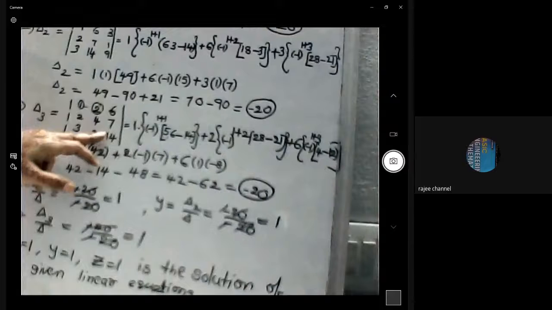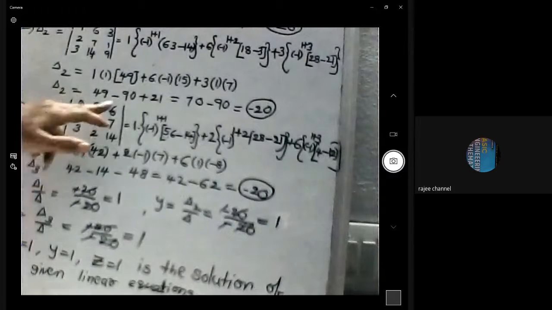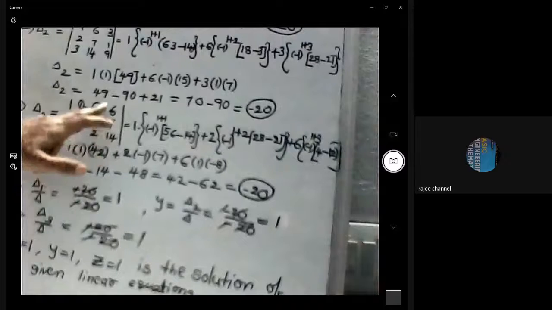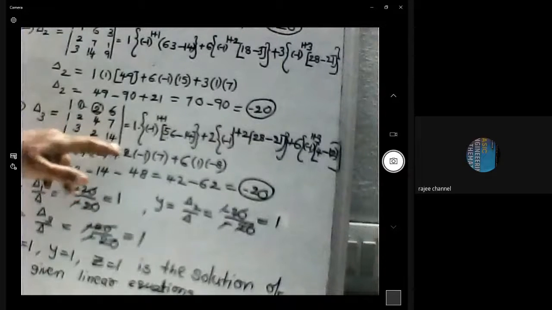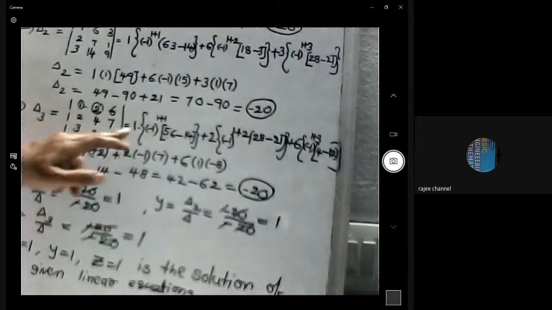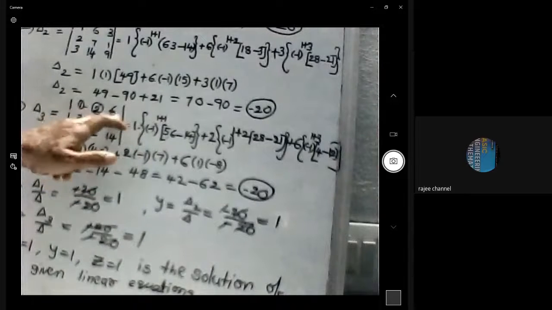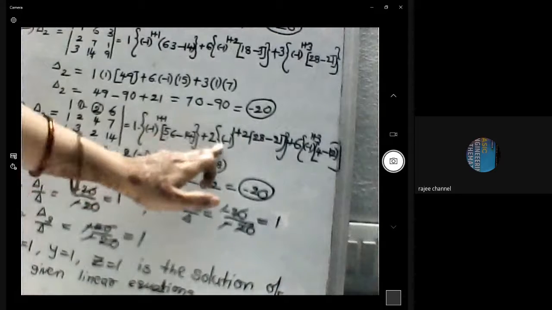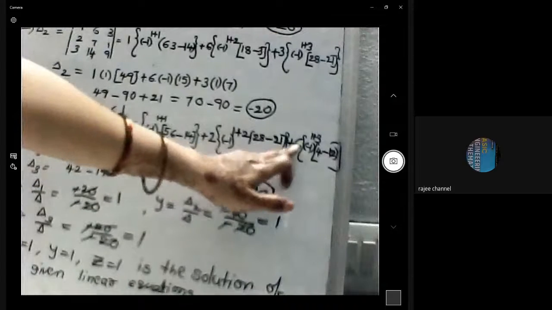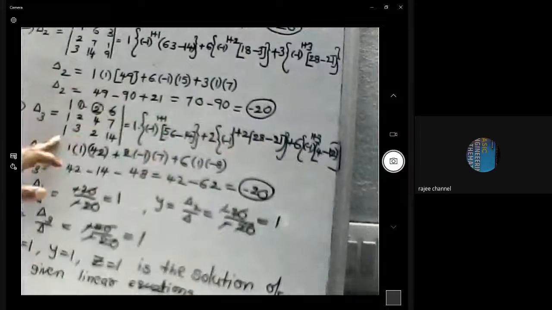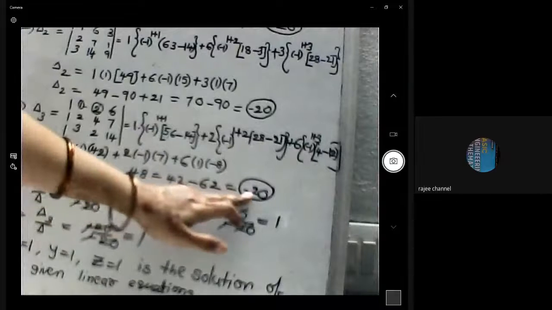Only the third column is replaced. Delta 3 we also find by expansion by first row, using the formula A11 into capital A11 plus A12 into capital A12 plus A13 into capital A13. Delta 3 value also we got as minus 20.